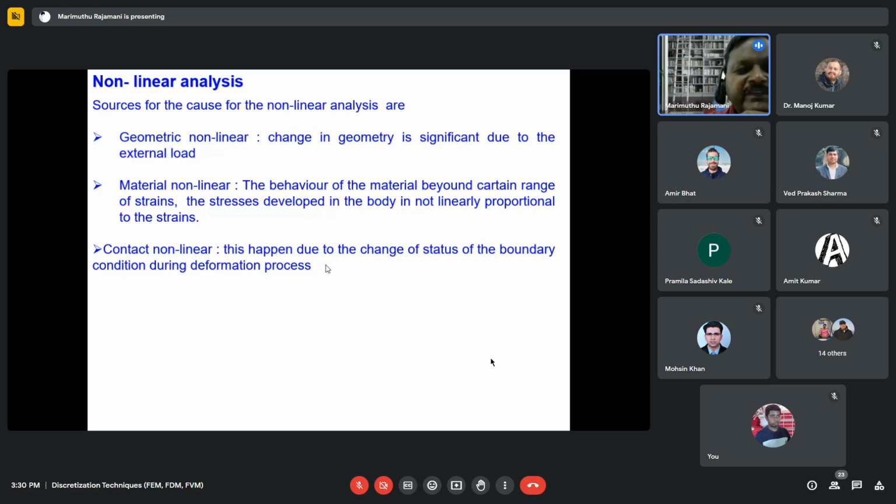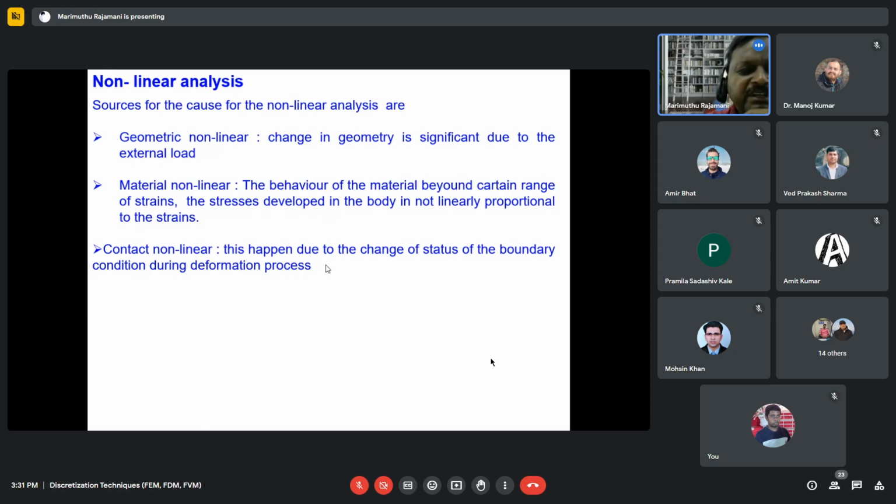So that's where linear theory or infinitesimal theory holds. But when you plot on a one-to-one scale and the initial and deformed configurations are significantly different, then nonlinearity comes into the picture.